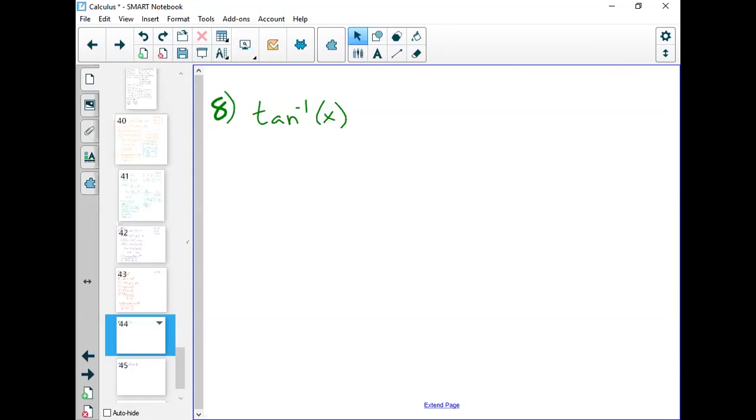So tan inverse is going to be 1 over 1 plus x squared. Tan inverse is the easiest one.